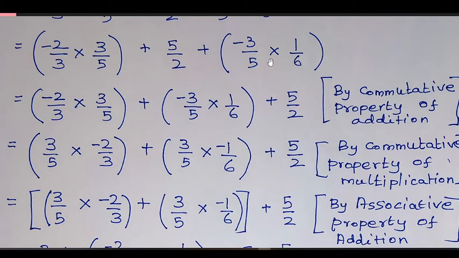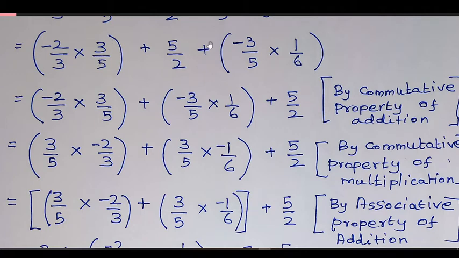So if I can bring this third term nearer to the first term, then I can take out this 3 by 5 as a common factor using the distributive law. So my idea is those terms having a common multiplier or common number inside, I want to take it as a common multiplication outside. So that is the idea.